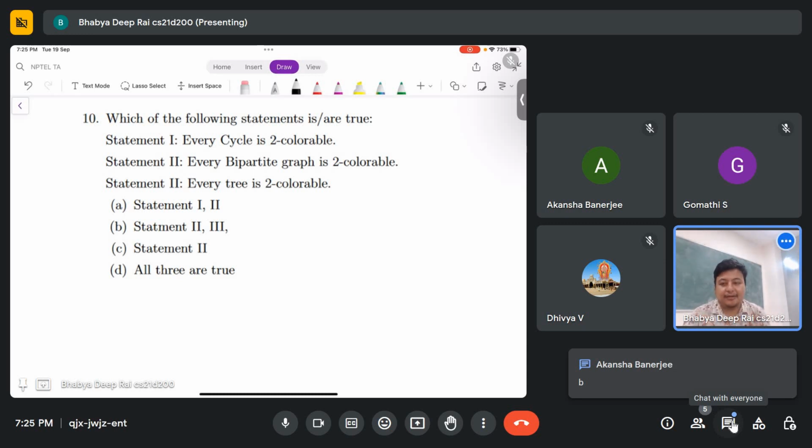Okay, Akanksha says B. Divya says D. Finally, Gomiti.